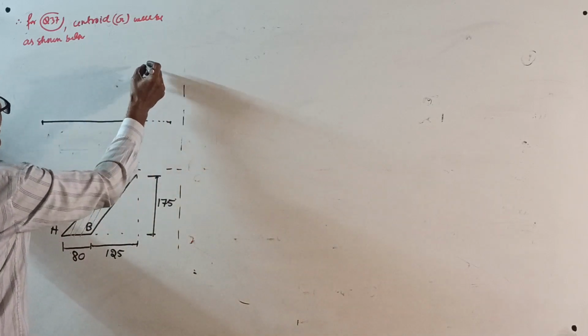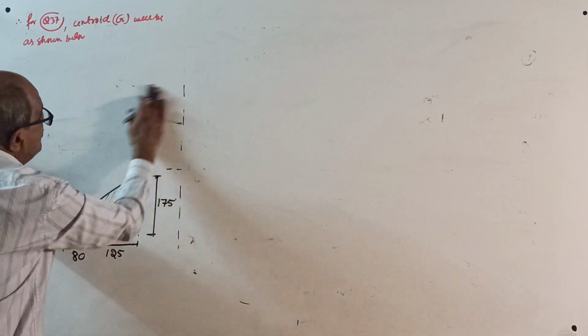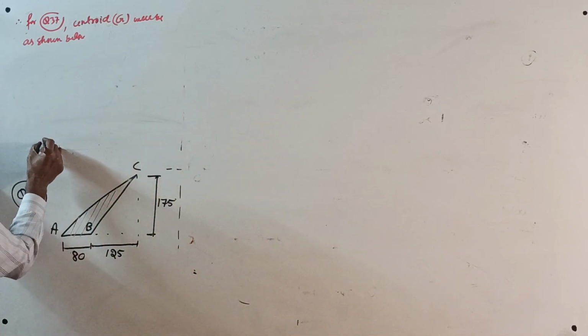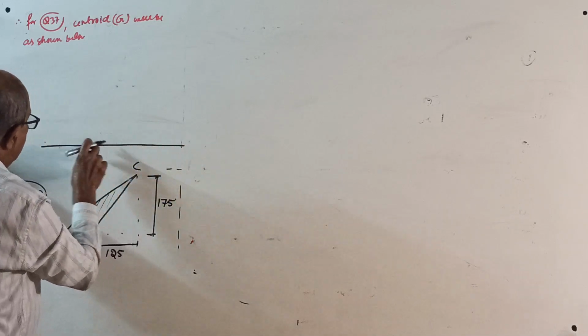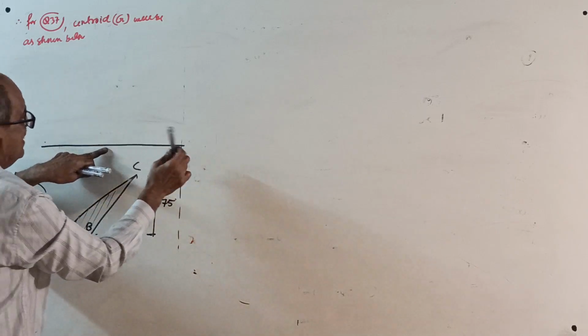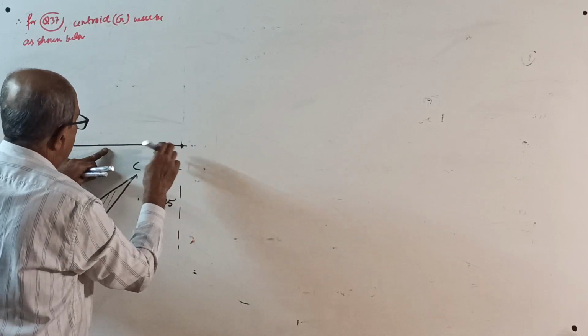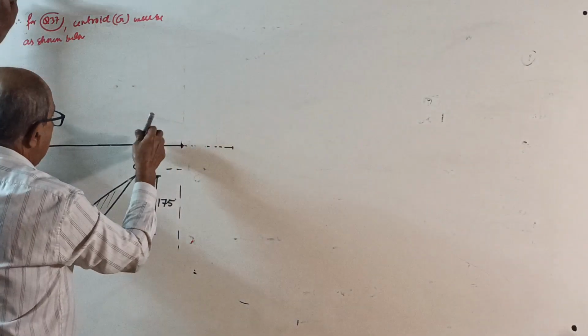Height is 150, a little bigger to understand correctly. 60 plus 60, 120. Height is 150.